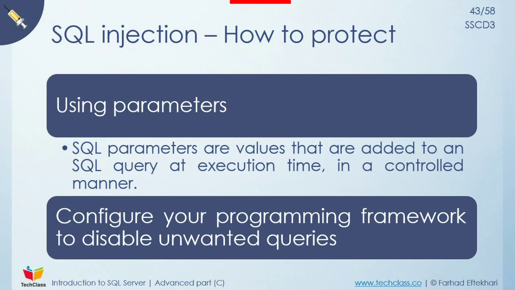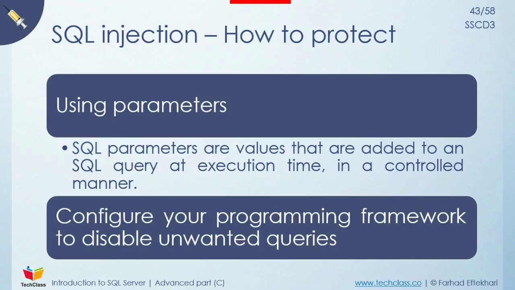To protect against SQL injections, you may use parameters. SQL parameters are values that are added to an SQL query at execution time in a controlled manner. So you make sure that the values and parameters being passed to stored procedures or functions are in specific data types, so users cannot just add a line of code there.